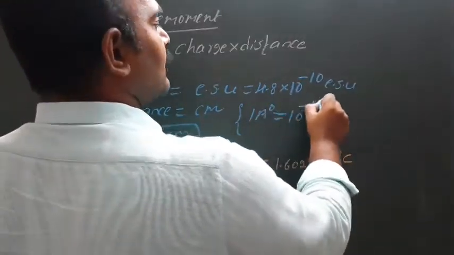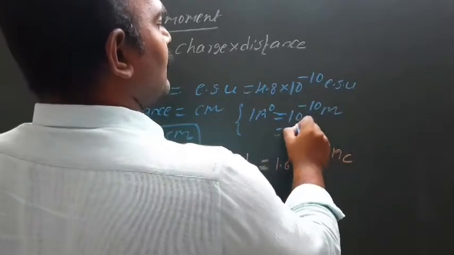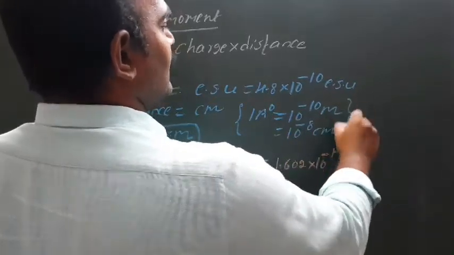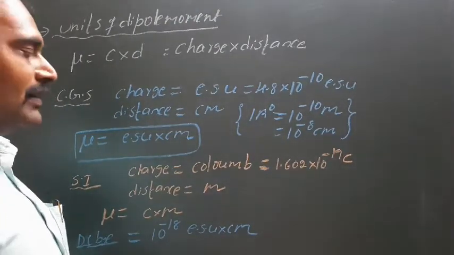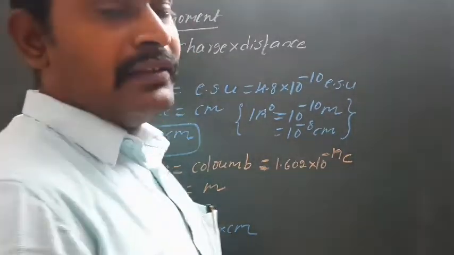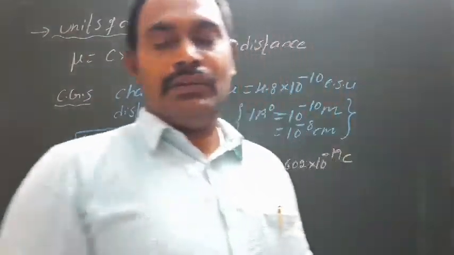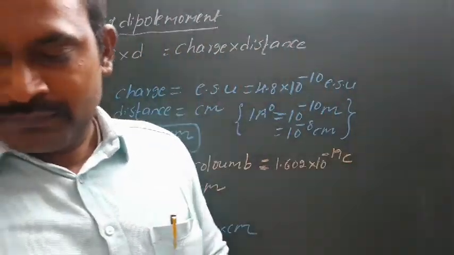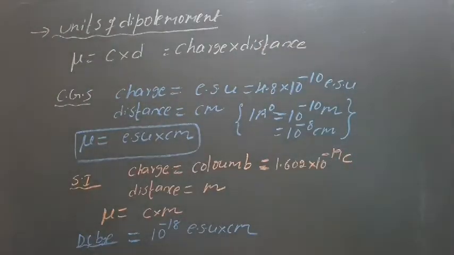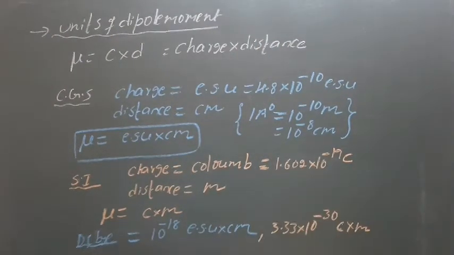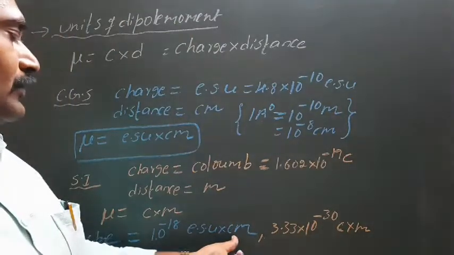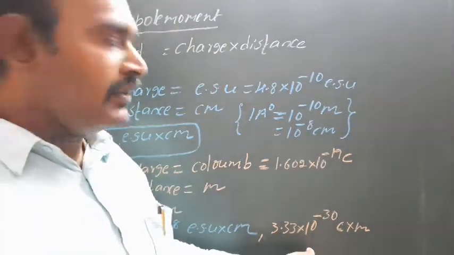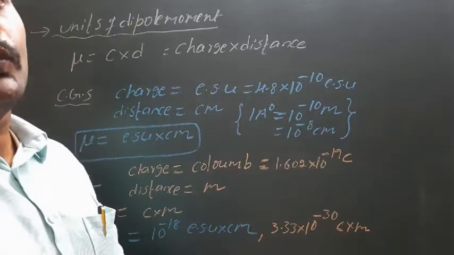One angstrom is equal to 10 power minus 10 meters, otherwise 10 power minus 8 centimeter. So 1 Debye is equal to 10 power minus 18 ESU into centimeter, otherwise 3.33 into 10 power minus 30 Coulomb into meter in the SI system.